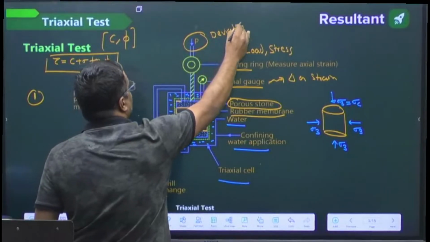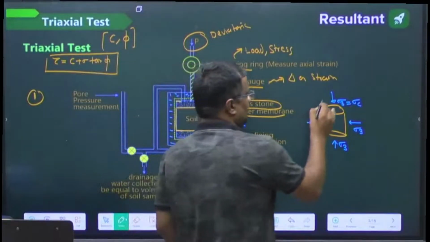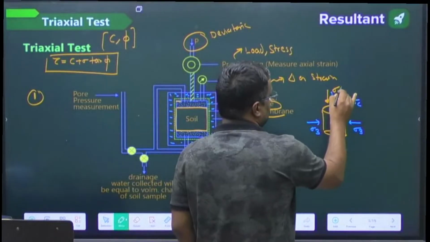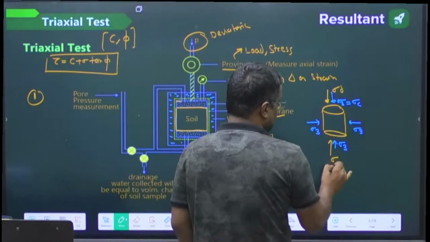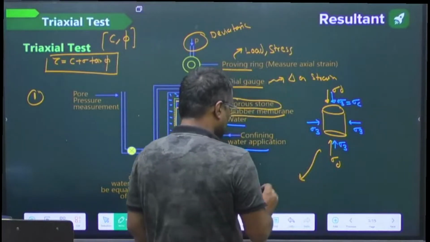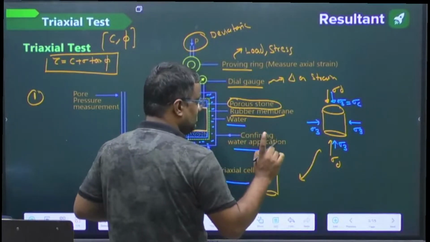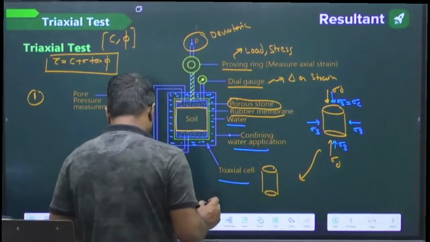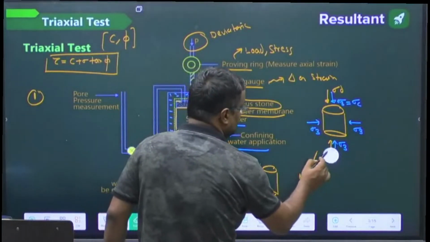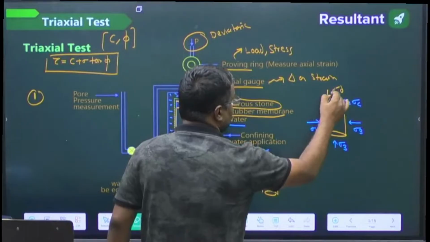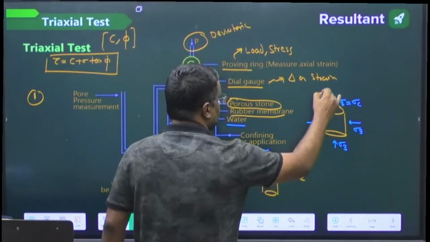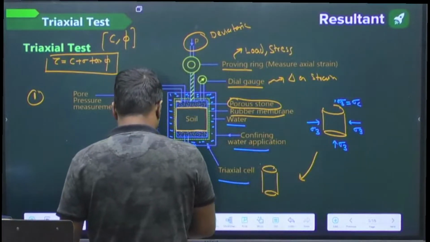From the top, we are applying the deviatoric stress now. This is sigma d, in the vertical direction. So finally, how will this soil look? In the first stage, we are only putting sigma 3.